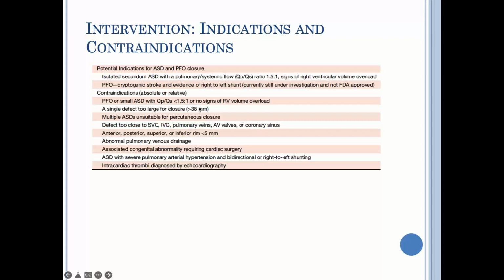In terms of the contraindications, if the shunt flow was not significant, if there was a single defect that was too large for closure, if the defect was too close to other vital structures like the SVC and IVC, or if there was severe pulmonary hypertension, bidirectional flow, or Eisenmenger's type physiology.